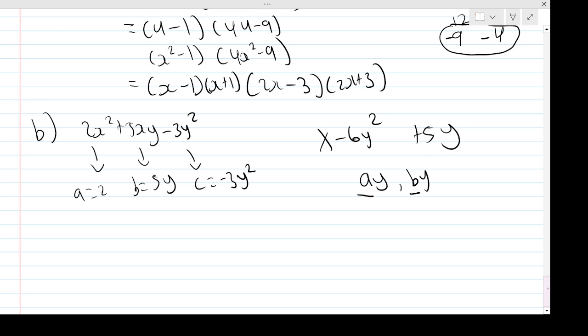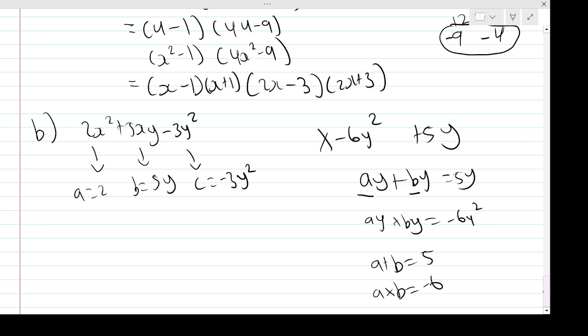If we add ay to by, we get 5y. And if we times ay by by, we get minus 6y squared, because y times y is y squared. So what this boils down to is looking for two numbers that add to give 5 and two numbers that times to give minus 6. Hopefully you can see that, and that is the exact same approach.